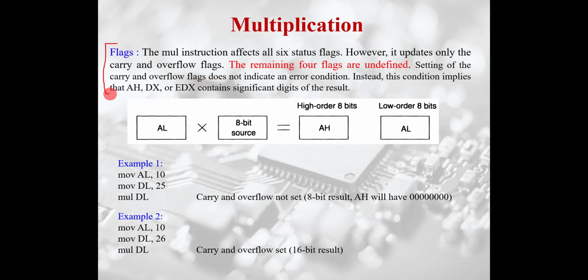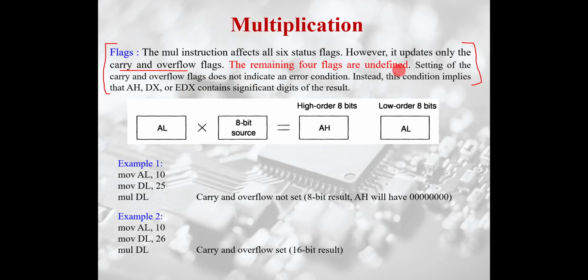Now when we write the multiplication command, the flags are set depending on the AL register only. The flags are not set as per AL and AH together. The flags are set as per AL, and that is the reason only two flags will be valid, which are carry and overflow.